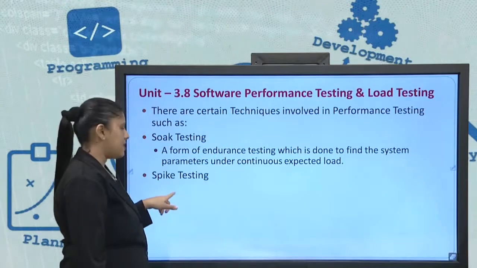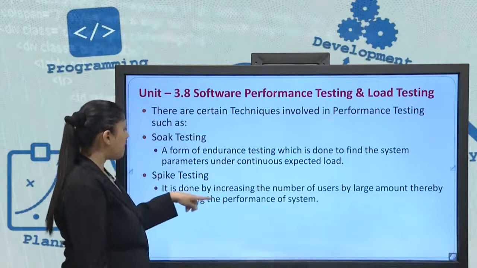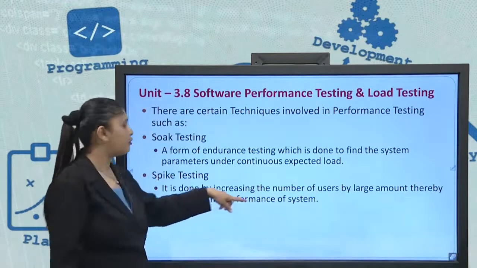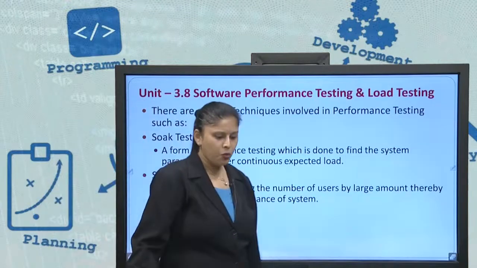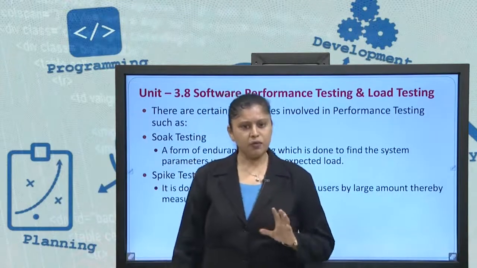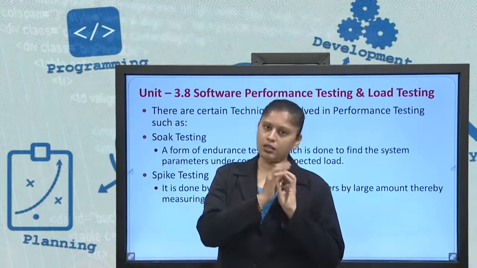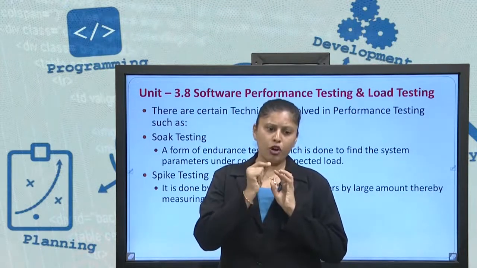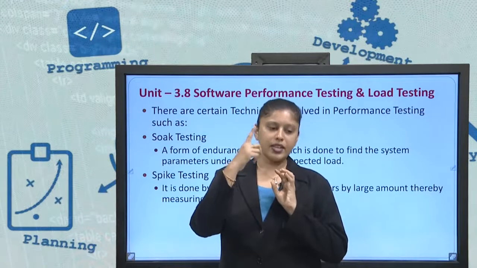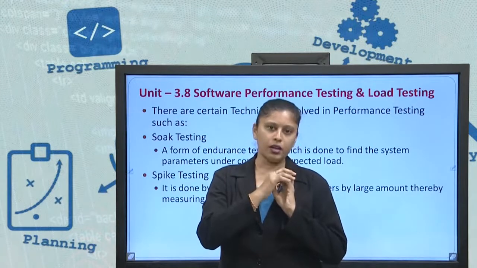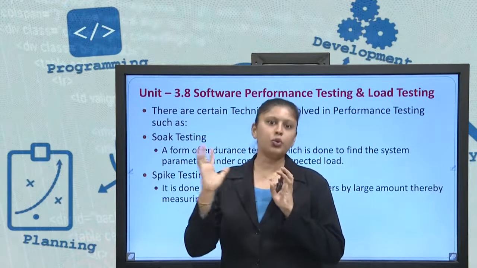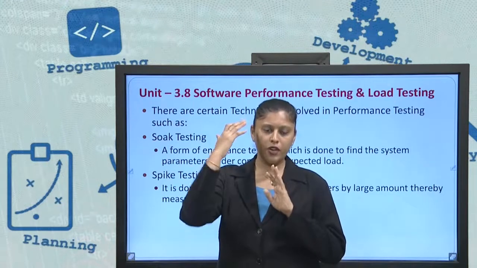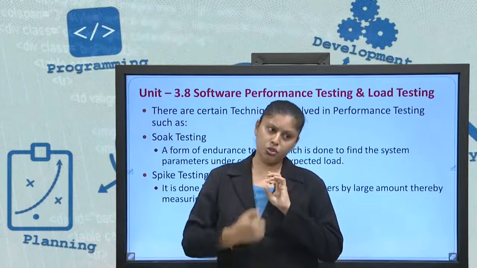Then spike testing. It is done by increasing the number of users by a large amount, thereby measuring the performance of the system. So, here previously my system was working fine with 1000 people. In spike testing, we increase the number of users very high. For example, 1000, okay, it can work. I increase it directly to 2000 or 3000 or 4000. It shoots up like anything.